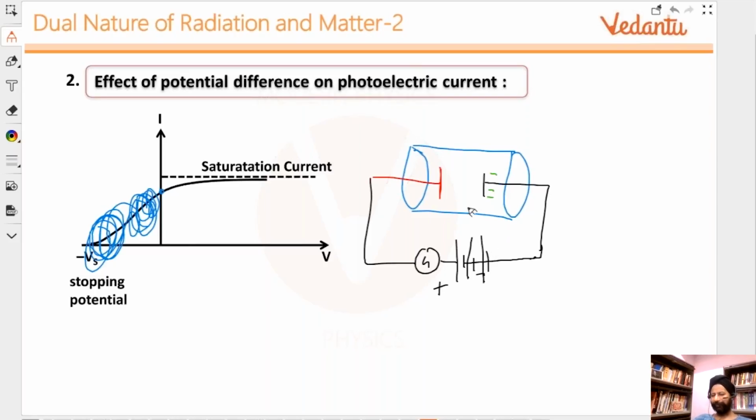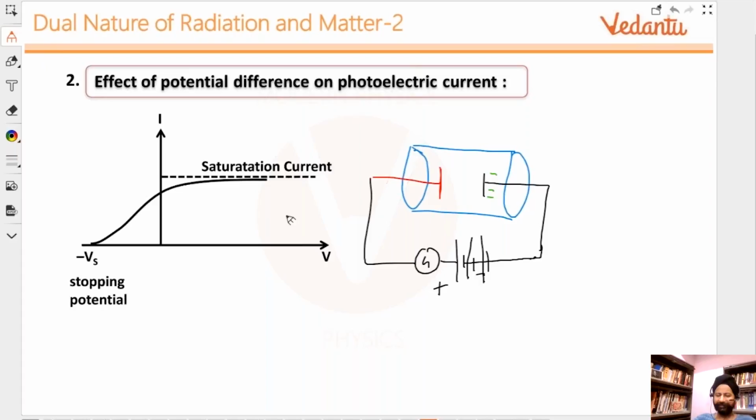And this potential, when the most energetic are stopped, as in the current goes to zero, is called the stopping potential. The stopping potential. So how do I calculate it? So look at this. I had this expression. So we will start from beginning. Everybody, please see this.